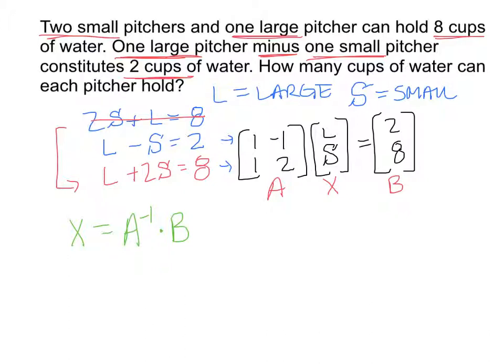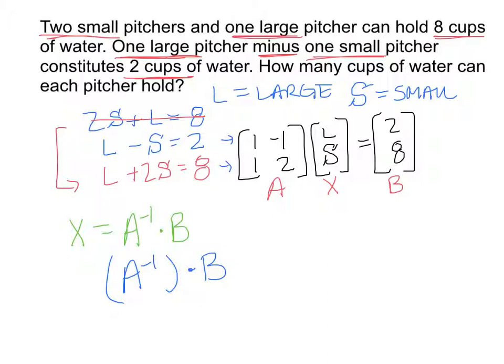Handheld calculators will. If you're using an online one, you might not find one that will do both operations for you. So you might have to find the inverse of A first. After you find that, plug that matrix in and multiply it by matrix B.